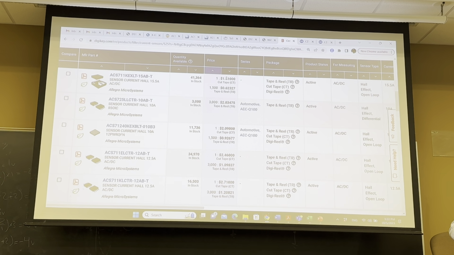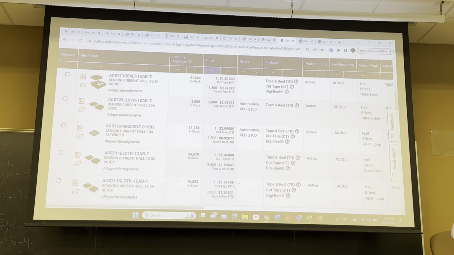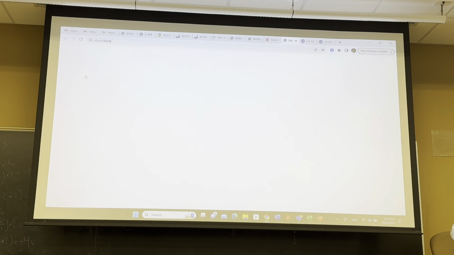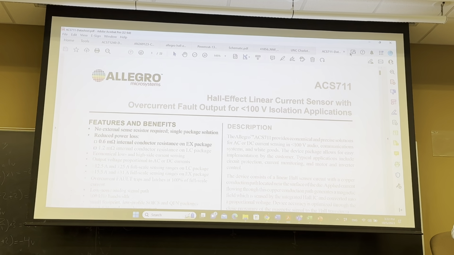It's basically $1, a good amount, 40,000 in stock, so you have less risk of inventory. Now, as I said, you can read whatever it is, but what you need is the data sheet.